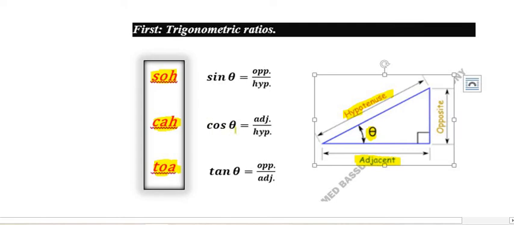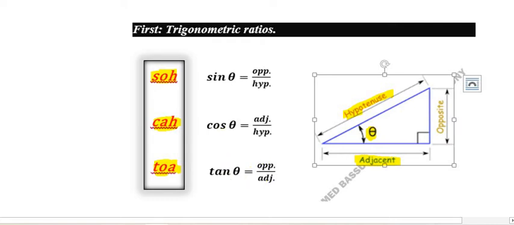Similarly, if we're talking about cosine theta, you can remember what is the ratio, what over what, by the word CAH. So cosine theta equals adjacent over hypotenuse. Similarly, with tan theta, TOA indicates that tan theta equals opposite side over the adjacent side.